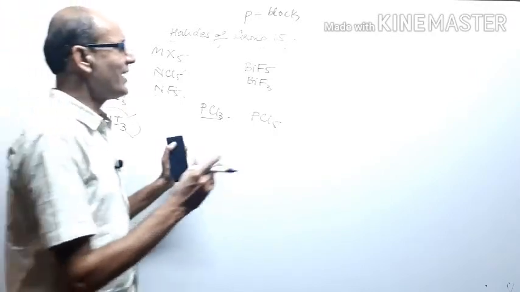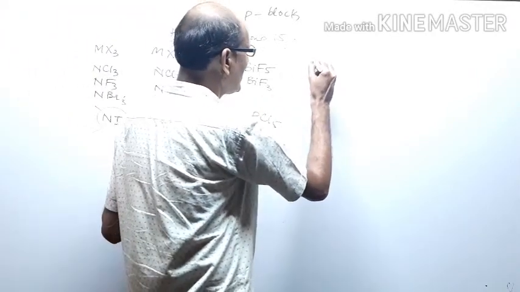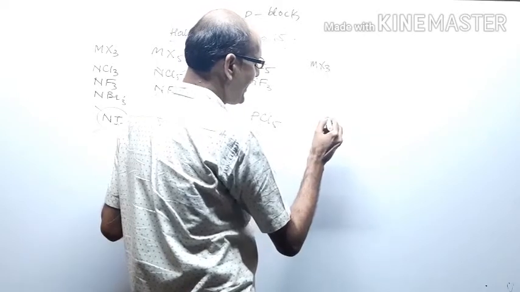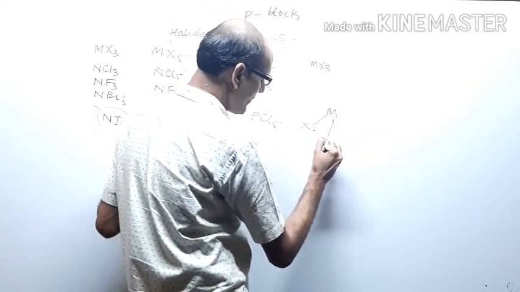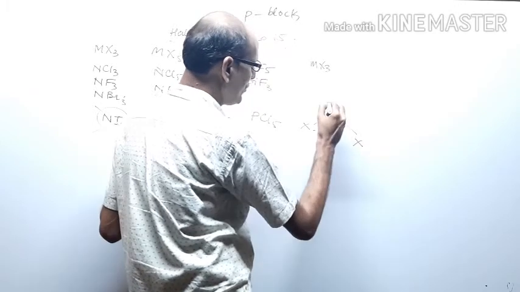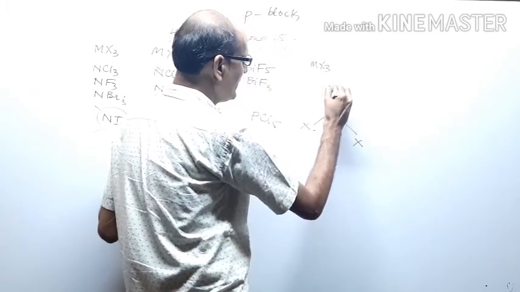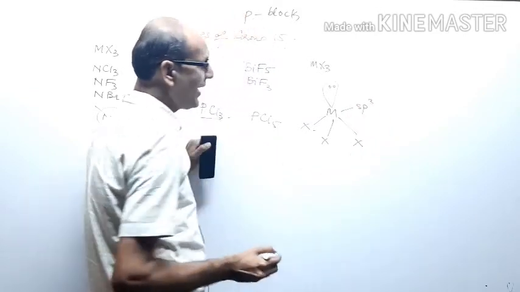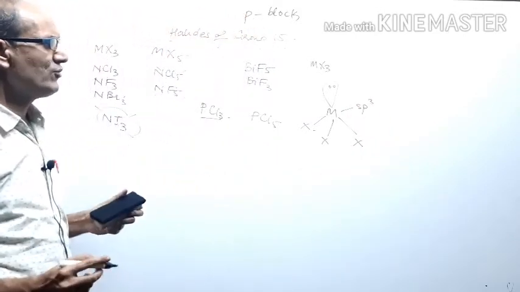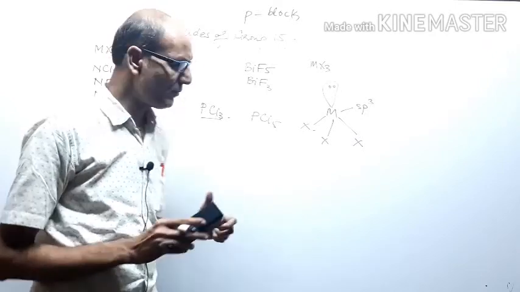All the trihalides, that means MX3, have a pyramidal shape like this. It contains one lone pair of electrons and has sp3 hybridization, while pentahalides have a trigonal bipyramidal shape.